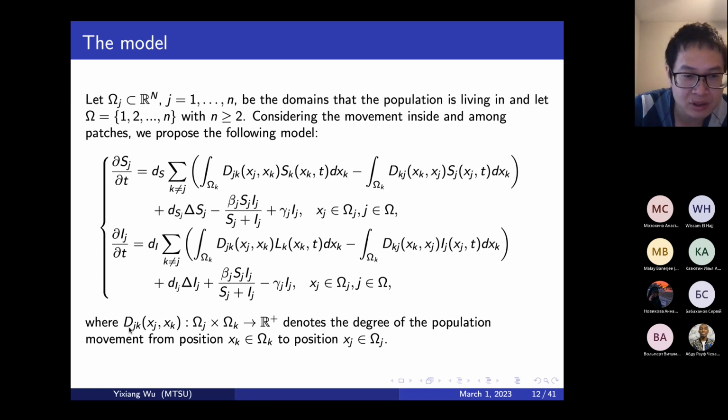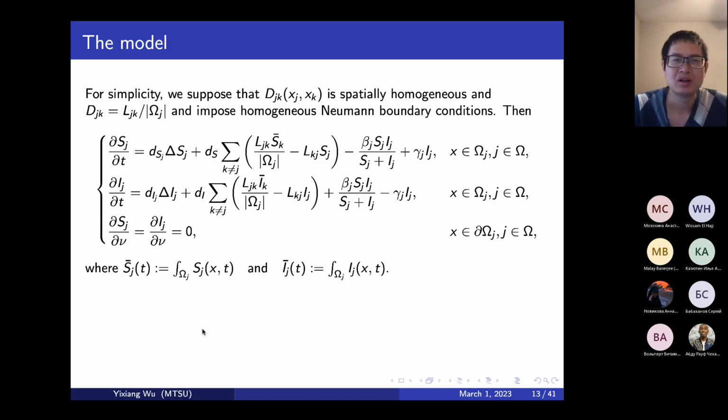In particular, djk means the movement from position xk in domain omega k to position xj in domain omega j. For simplicity, we just assume djk is a constant.